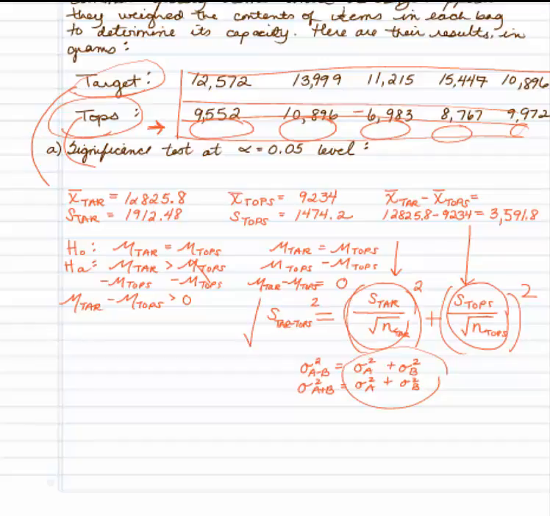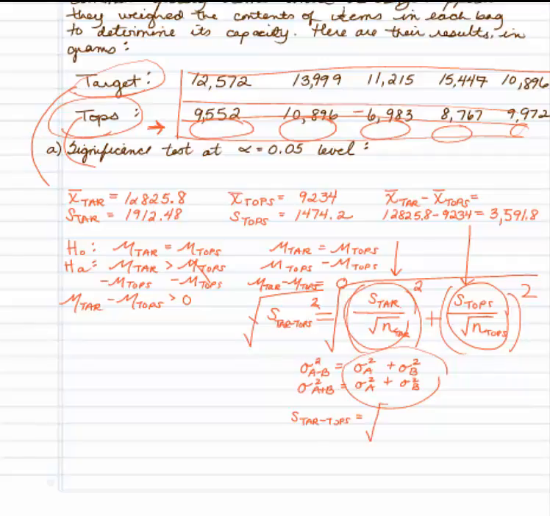And to get rid of the squared value and get just the standard deviation, we'd have to square root both sides. And we end up with this crazy formula. When you simplify everything within there and do what you can for squaring, when you square both sides, you end up with target minus tops.